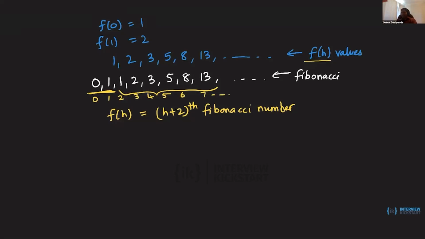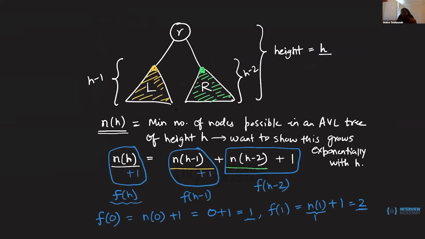Again, the exact expression doesn't matter. All that matters is that f of h is somewhere around the hth Fibonacci number. Whether it's h plus 1, h plus 2, that's not the main point. Our f sequence is growing exactly like the Fibonacci sequence.